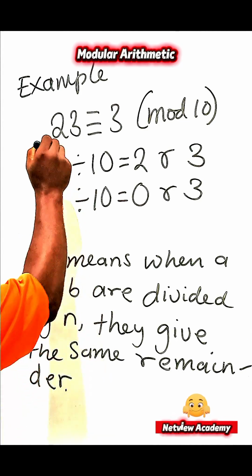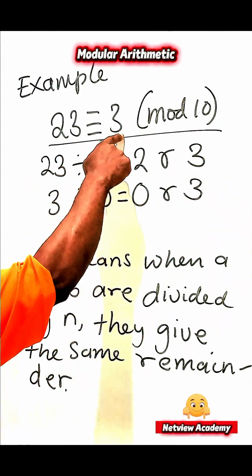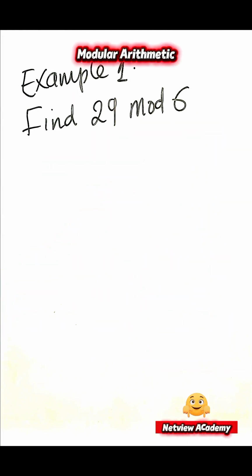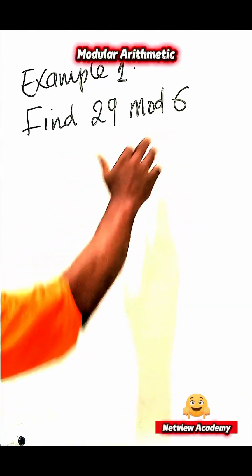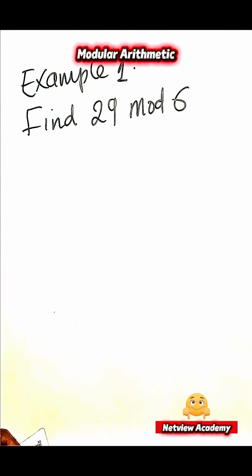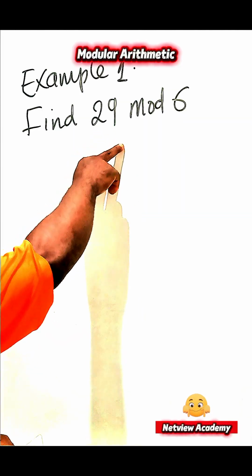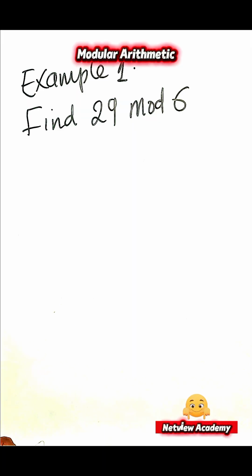So that is what is represented by 23 is congruent to 3 modulus 10. Look at example 1. Find 29 mod 6. This is the same thing as saying find the remainder when 29 is divided by 6.